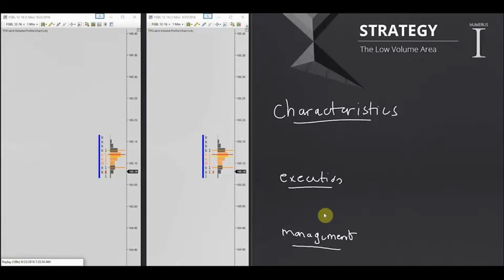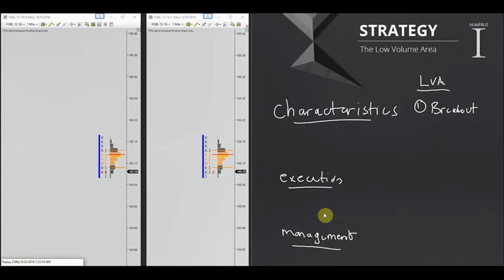So, remember we had three different types of low volume area strategies. The first and foremost was when we had a low volume area which occurred on the breakout. So the most confident was where we had a breakout of the previous day's range and we had a low volume area developing.